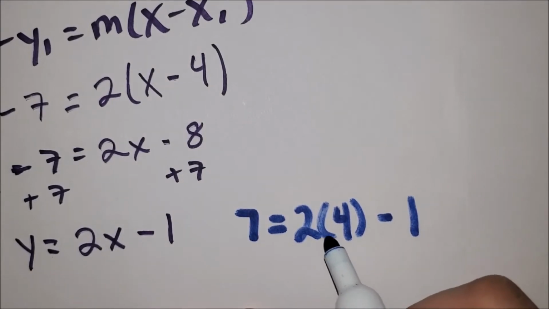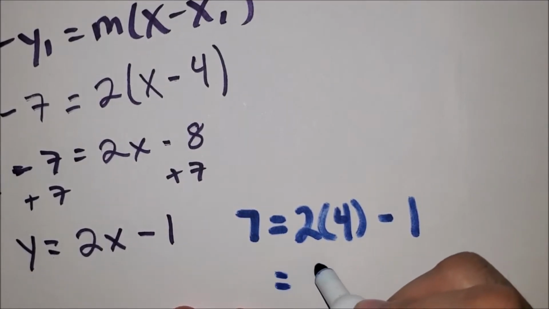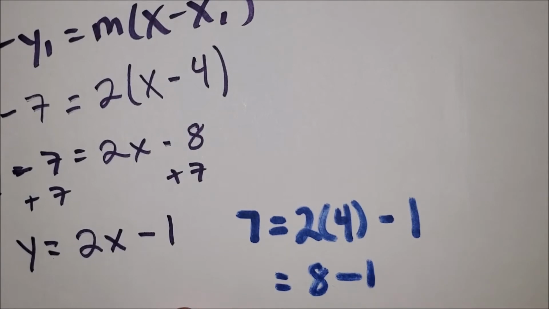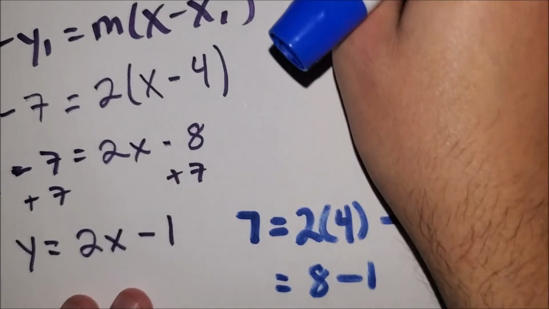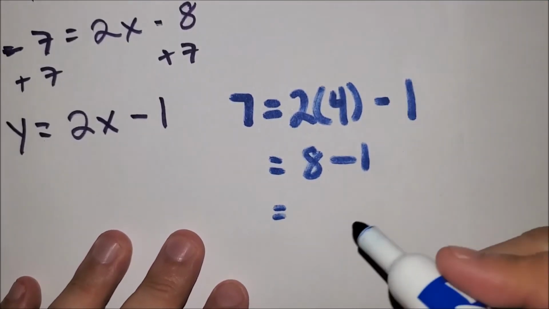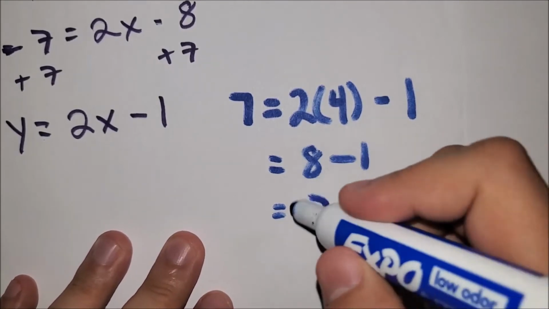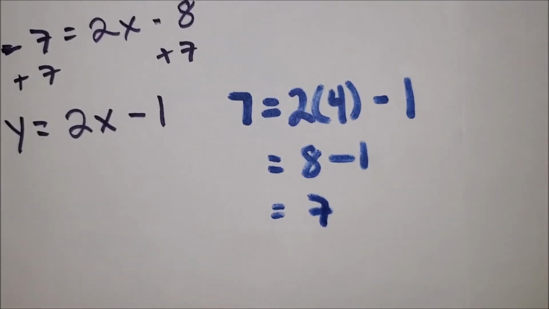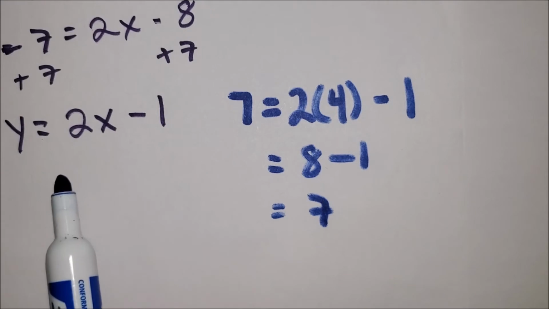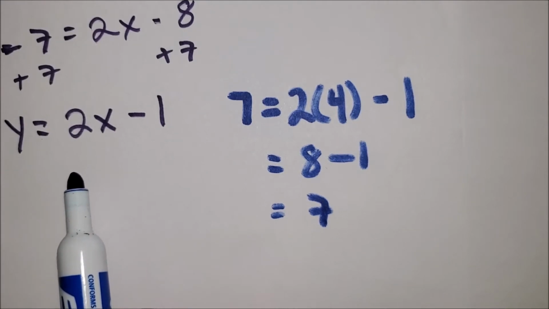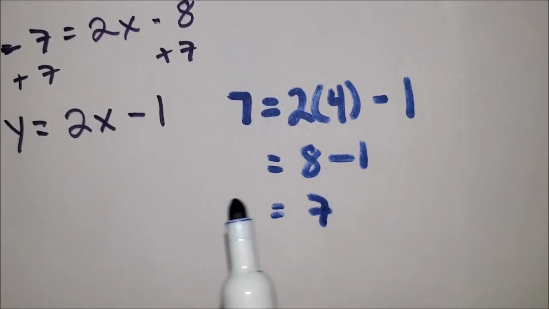Well, 2 times 4 is 8. So 8 minus 1 equals 7. So this is a true statement, so we can see that this indeed has a slope of 2, and it does pass through the point (4, 7).